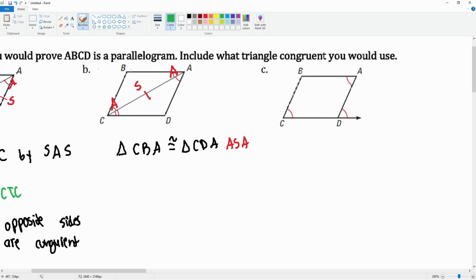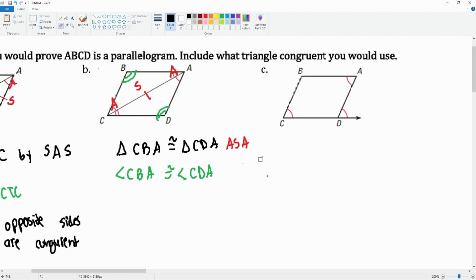So look, I can get this is congruent to this, right? Say angle CBA is congruent to angle CDA by converse of alternate interior. Once I have that, oh, sorry, that's not alternate interior.